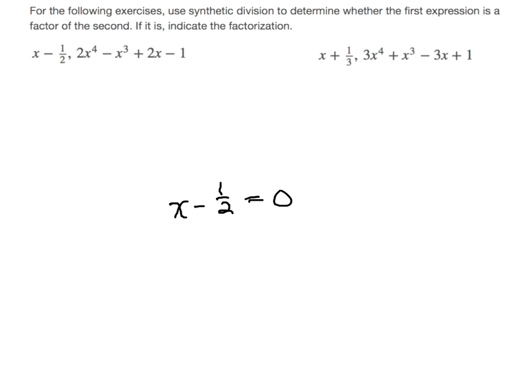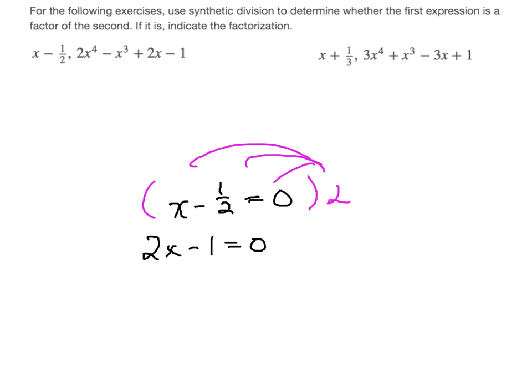So if I want to get rid of that fraction, I clear it by multiplying by my common denominator, and that denominator multiplies to all of my terms. So that came from a linear factor of 2x minus 1 equals 0. And I'll just show you how I know that.